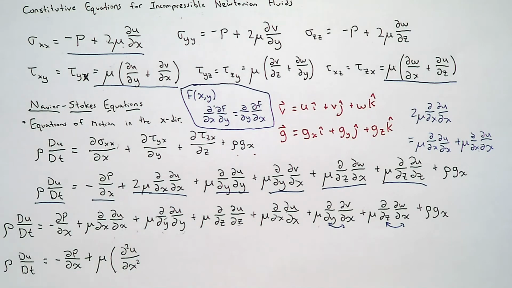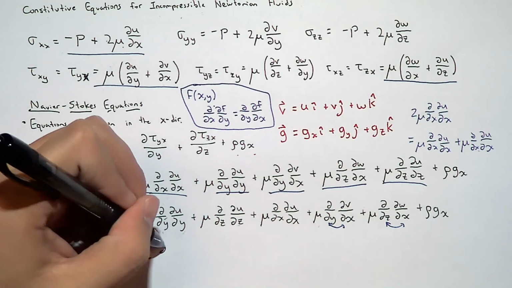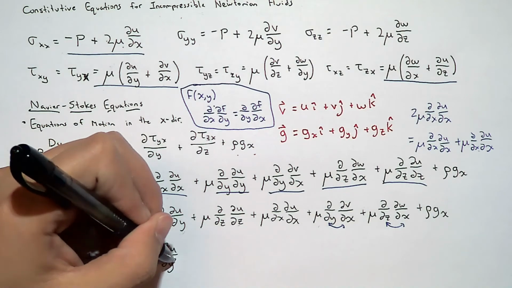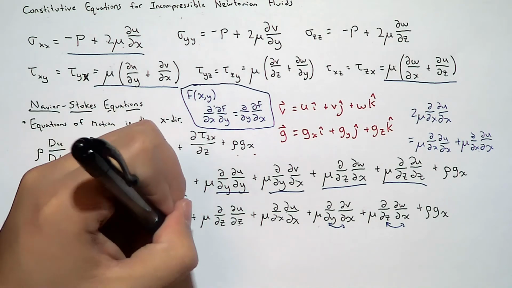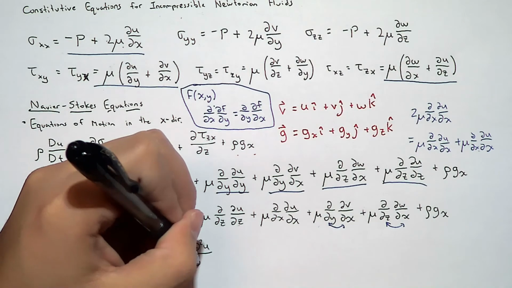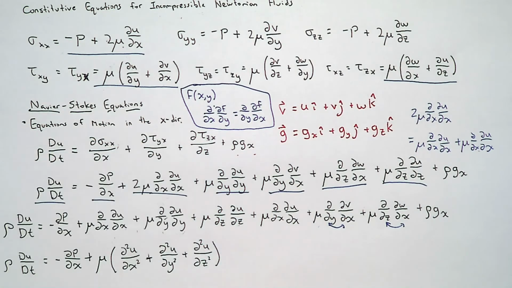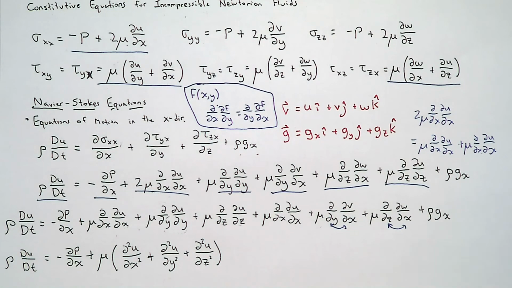with respect to x. What do we have here? Exactly, a second derivative of u with respect to y, and the second derivative of u with respect to z. And that's starting to look a little bit cleaner. We haven't seen this term before, but does that term remind you of something?